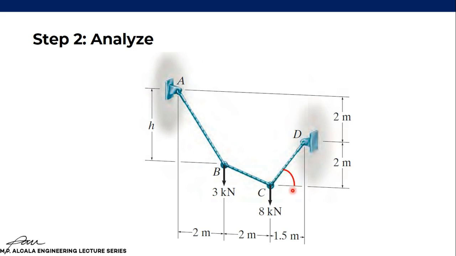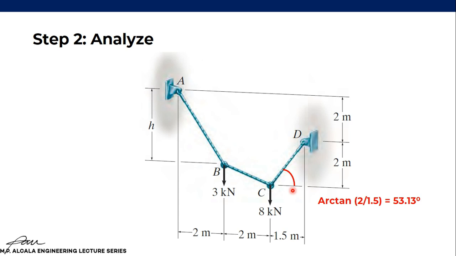This will be used later and is very crucial. So as we can see here, it's basically the arctan of 2 over 1.5, which is equivalent to 53.13 degrees.